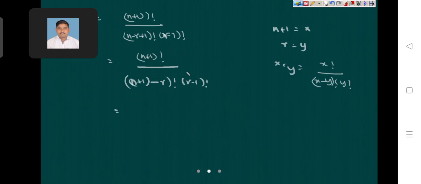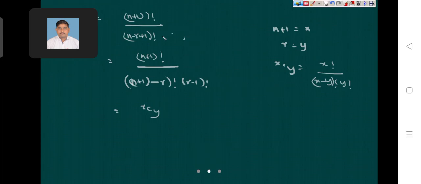Here n plus 1 C r, n plus 1 is x, r is y, and n plus 1 minus r only we got. So this one you can write as xCy, because here I write r factorial only.